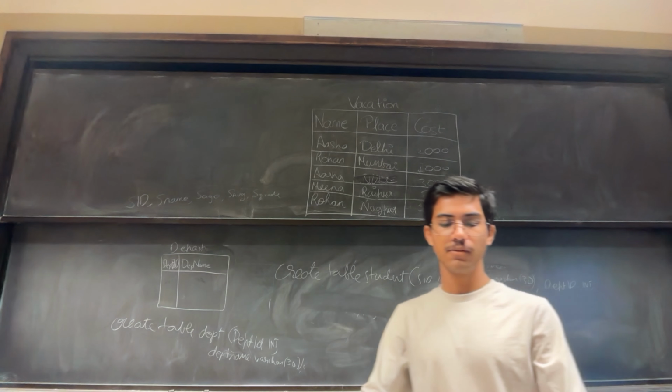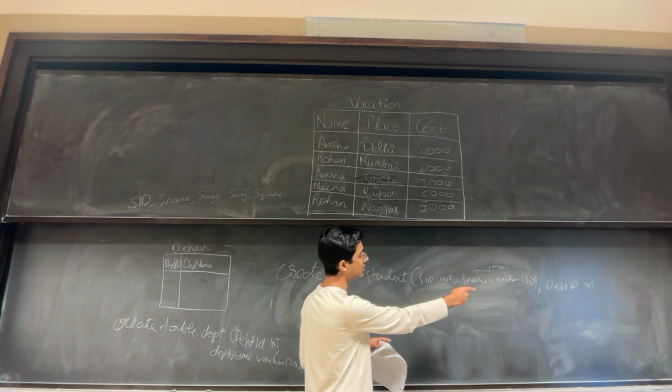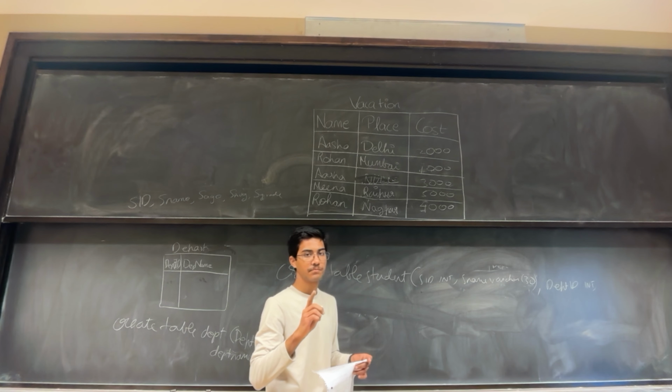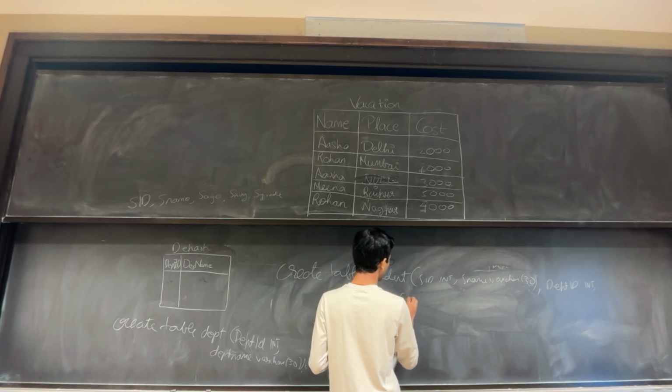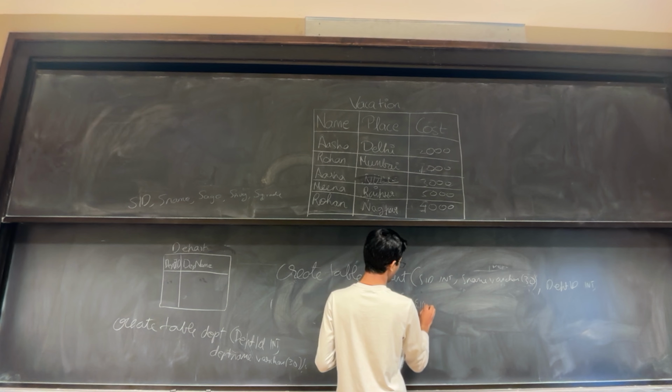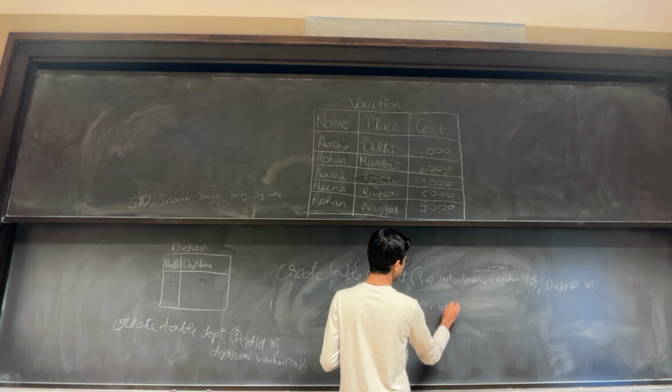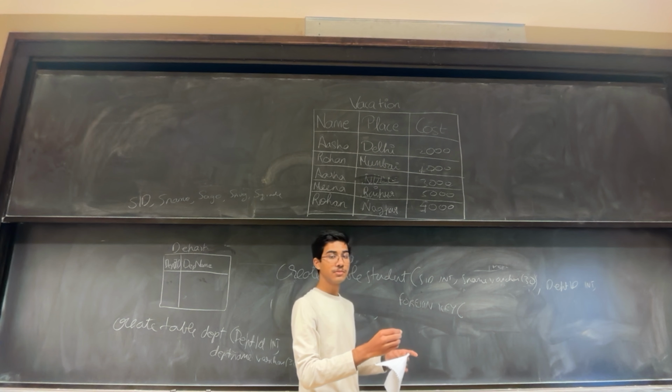Remember, what's the definition for a foreign key? A foreign key is a column in one table that refers to the primary key of a different table. So in my declaration of the student table, I've written SID int, which is the student ID, S name varchar 30, which is the student name, department ID int. Now I'm going to mention explicitly foreign key. What's the name of the foreign key?